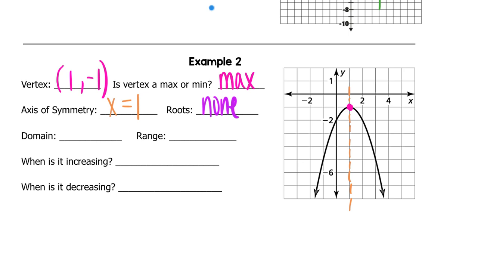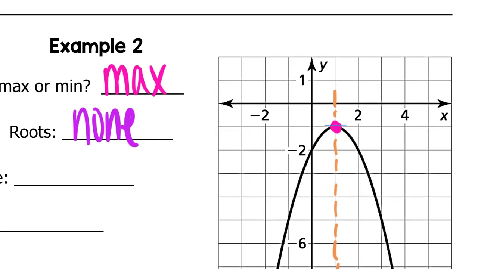So the domain and range now, the domain is still going to be all real numbers here because again, that x-axis is not restricted. If you go to +10, it's going to hit down here somewhere. If you go to -100, it's still going to hit down here somewhere. So the domain would be everything. And then the range, the highest point of this graph is right here at that vertex, which is at -1 on the y-axis.